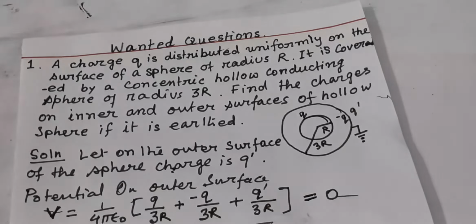According to the question, the outer surface is earthed, which is 3R distance away from the center, and the inner sphere has radius R. Small q is given on the inner sphere.